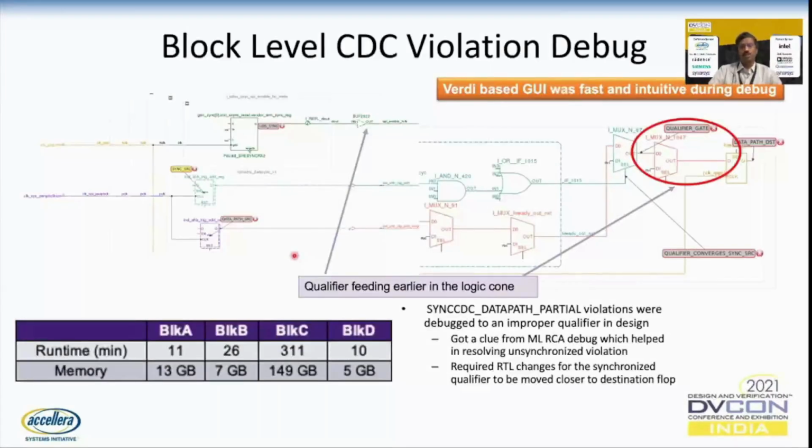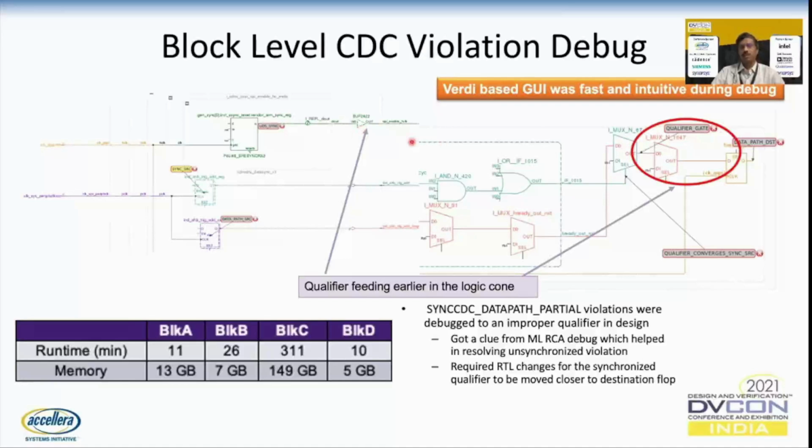Now, looking at one of the CDC violations in more detail, this example shows a sync CDC data path violation. This was debugged to an improper qualifier in the design. Essentially, the qualifier was feeding into the fan-in cone of the destination flop earlier.